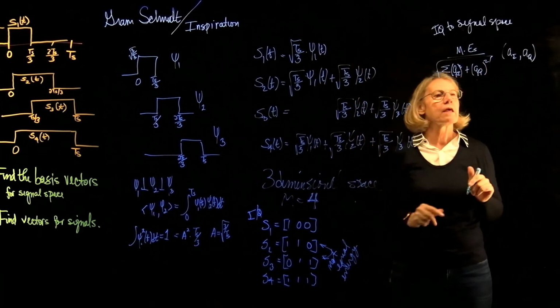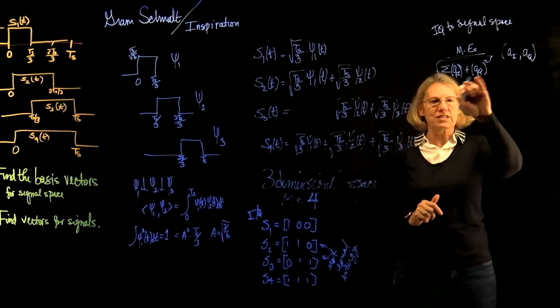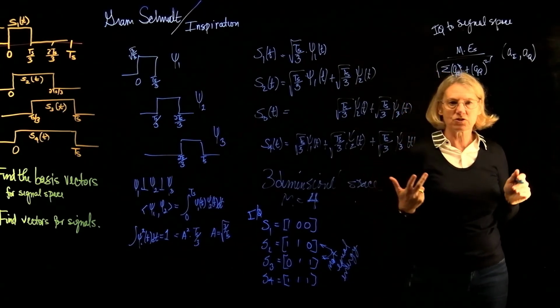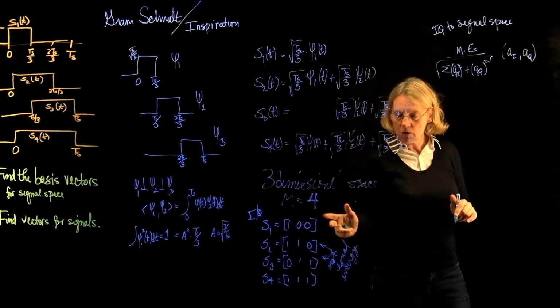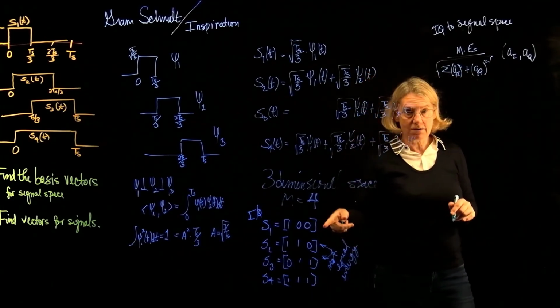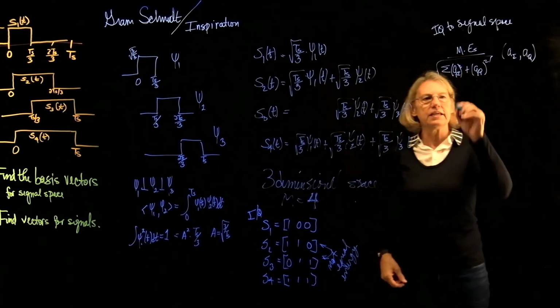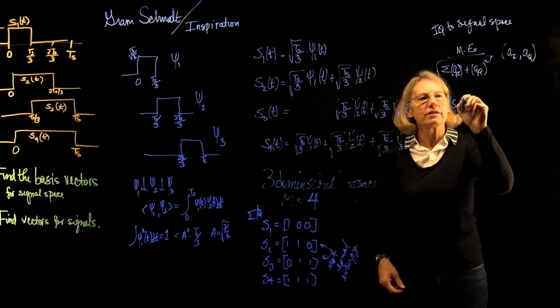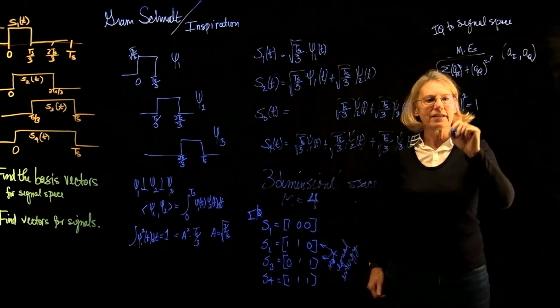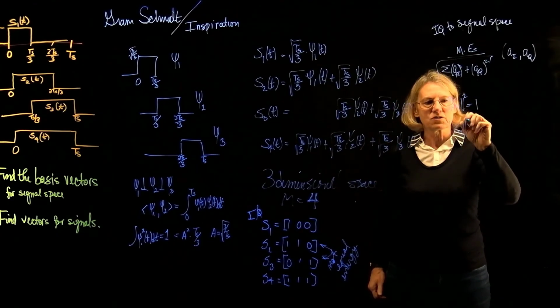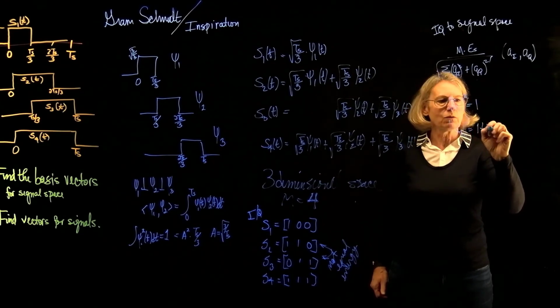As I mentioned, here I just have 2 coordinates as if it was in a 2-dimensional space, but it's however many coordinates I need. So let's start doing it here. The length of S1 squared would be 1. The length of S2 squared would equal 1 plus 1 equals 2.